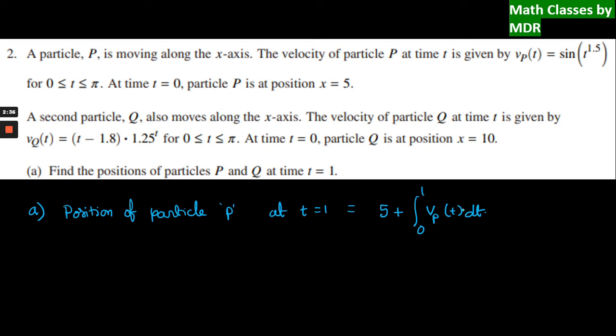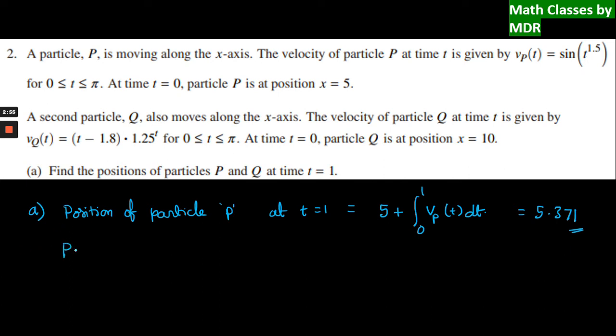You can use a graphing calculator for solving this, and you will get 5.371. So this is the position of the particle P at t = 1.